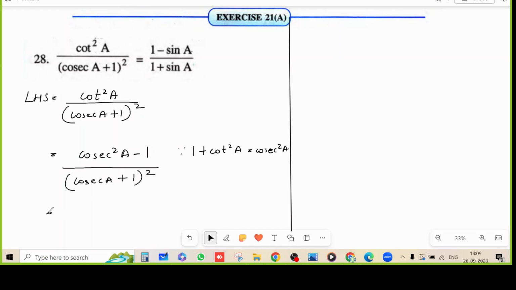Now the numerator can be written as square of both the terms, that is (cosec A) whole square minus 1 square, and the denominator can be written in the same form.